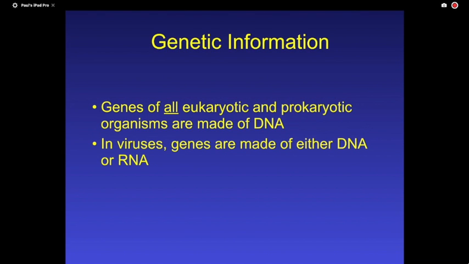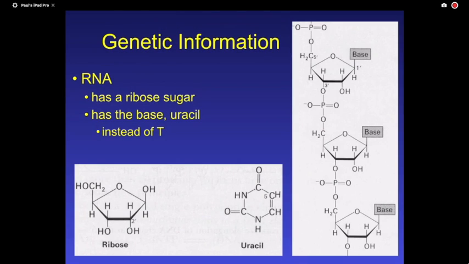The genetic information, the genes of all eukaryotes and prokaryotes, are made of DNA. Viruses' genes are made up of either DNA or RNA, depending upon what you find. The genetic information is transferred by RNA systems.